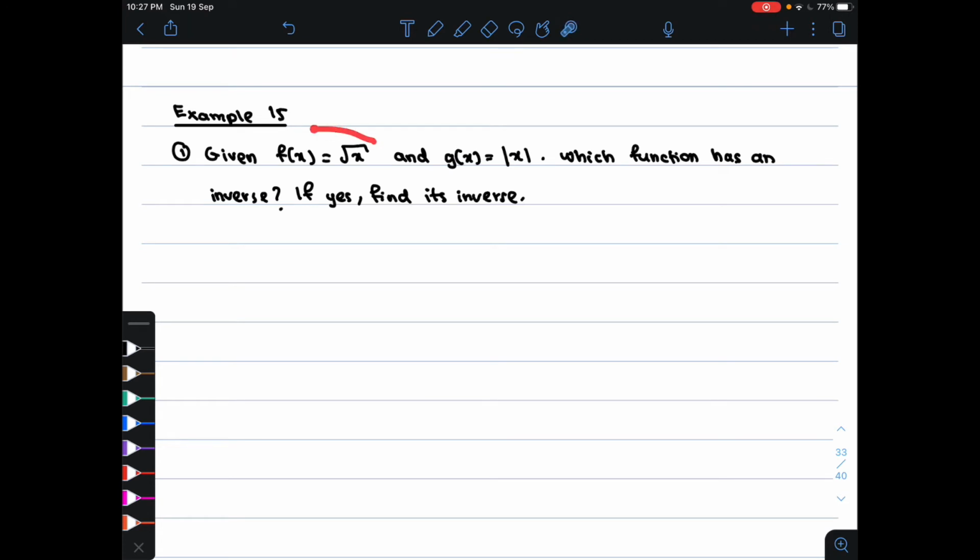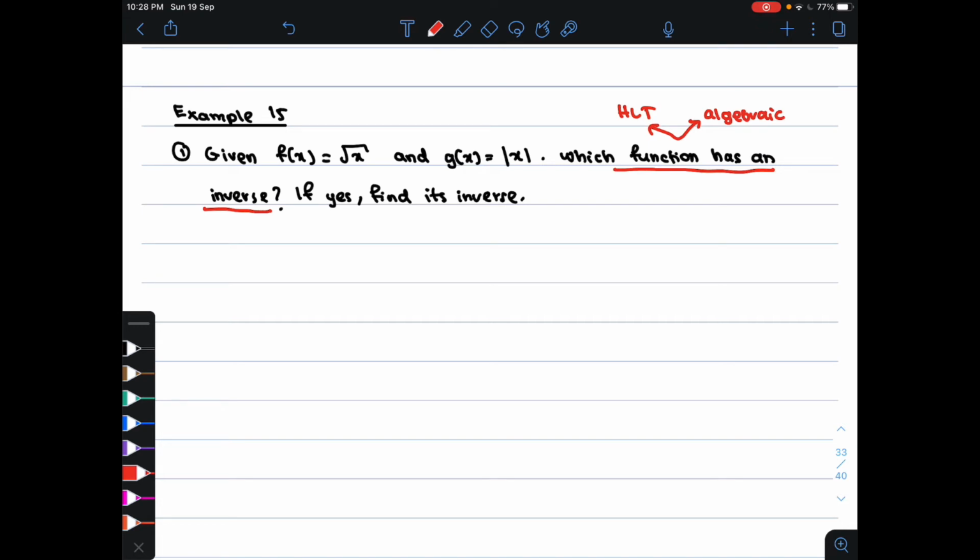We are given function fx and gx, and we need to determine which function has an inverse. So recall balik, function tu dia akan ada inverse kalau function fx adalah 1 to 1. So, to check whether a function is 1 to 1 or not, you need to use either two methods, horizontal line test or the algebraic method.